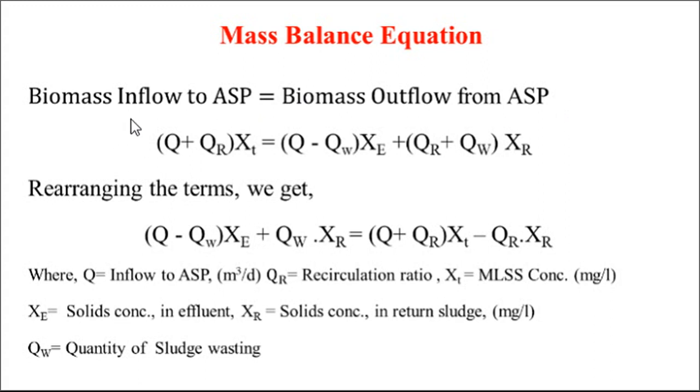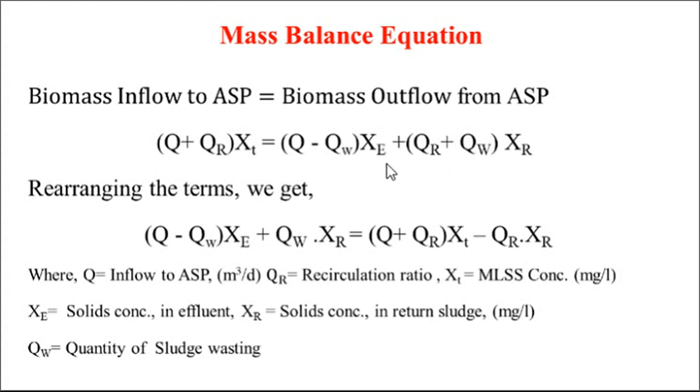Biomass inflow is (Q plus QR) into XT, that is Q coming from the primary sedimentation tank and QR coming from the recirculated sludge, and it is equal to (Q minus QW) into XE, which leaves the system through treated sewage, plus (QR plus QW) into XR, this is the recirculated quantity.